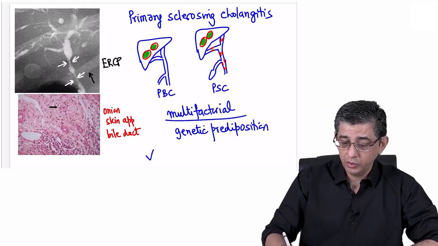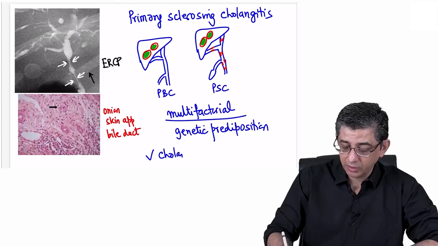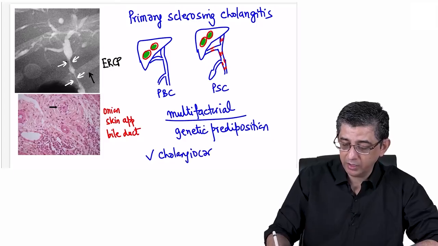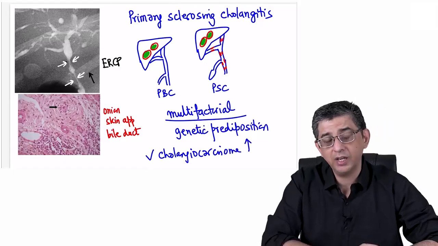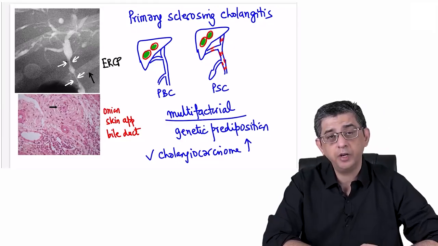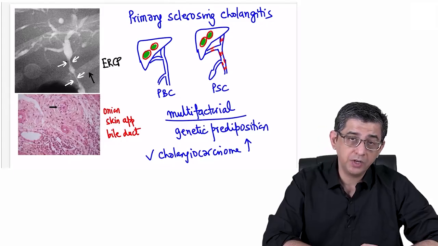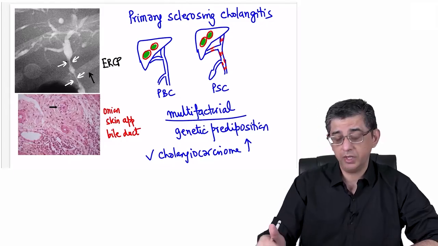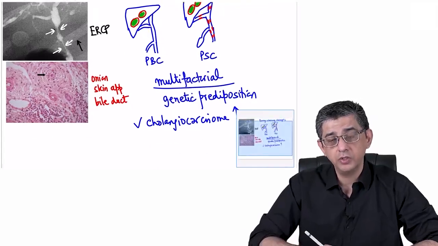Apart from this, the risk of cholangiocarcinoma is dramatically increased with respect to primary sclerosing cholangitis. That is what I have said even in my GI discussions when I have spoken regarding inflammatory bowel disease. I have said that ulcerative colitis can be associated with PSC, and PSC can then be associated with cholangiocarcinoma.